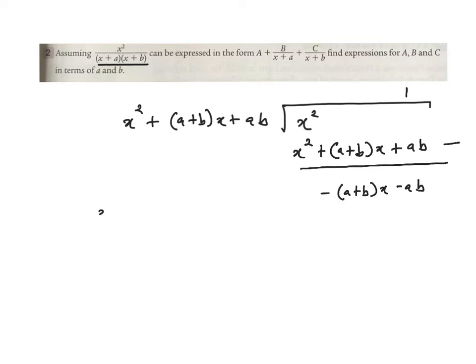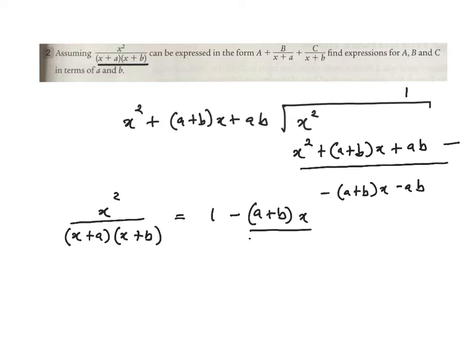So the original function, x squared over x plus a, x plus b, equals 1 minus a plus b x over x plus a, x plus b, minus ab over x plus a, x plus b.